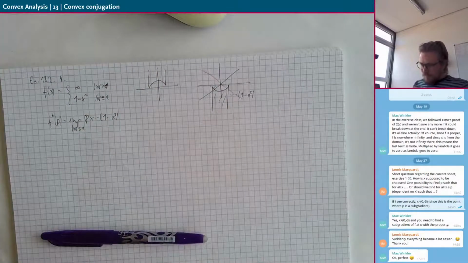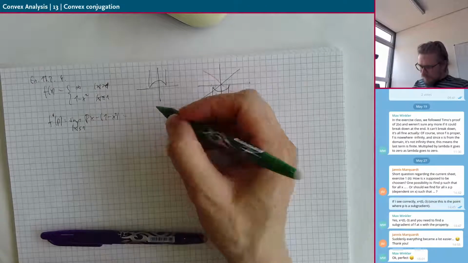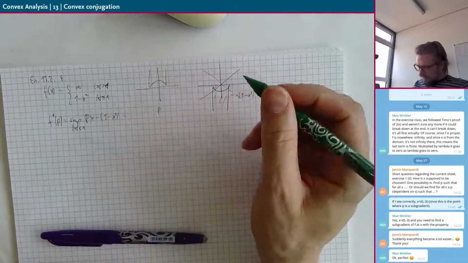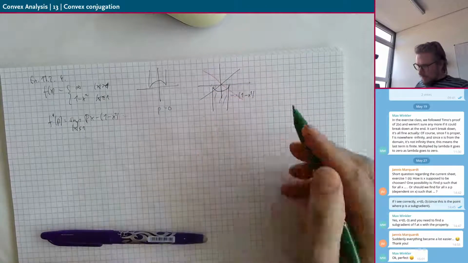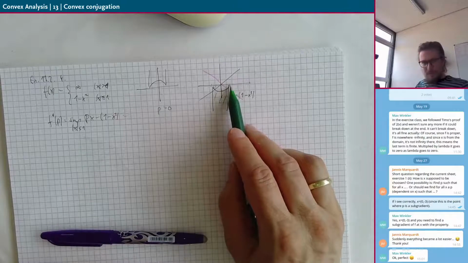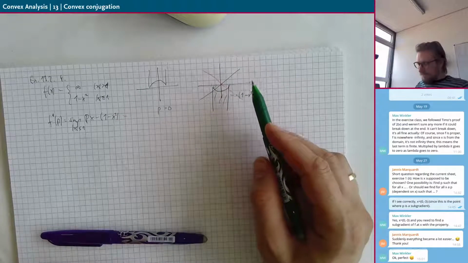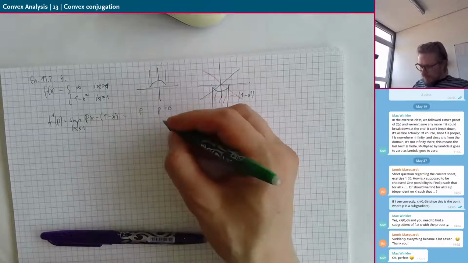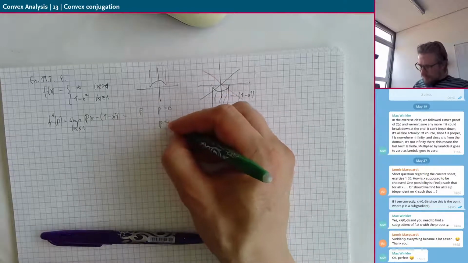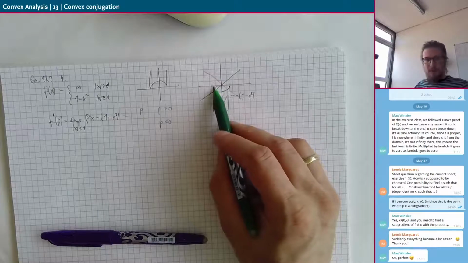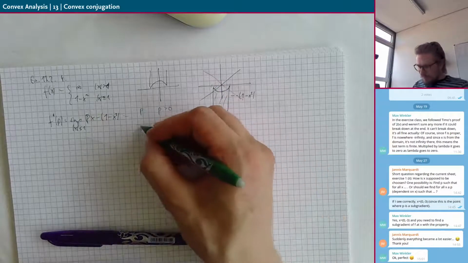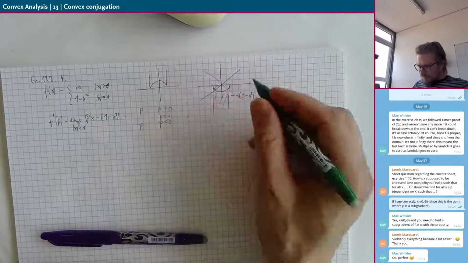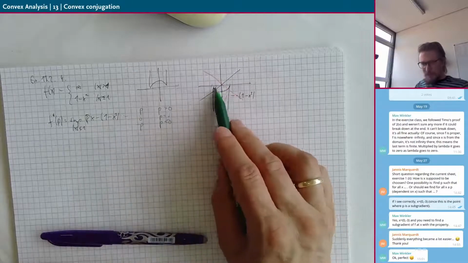So if p is larger than 0, we get the value p times 1, which is p. If p is smaller than 0, we get the value p times minus 1, which is minus p. For p equals 0, you get 0, and both points are equally good.